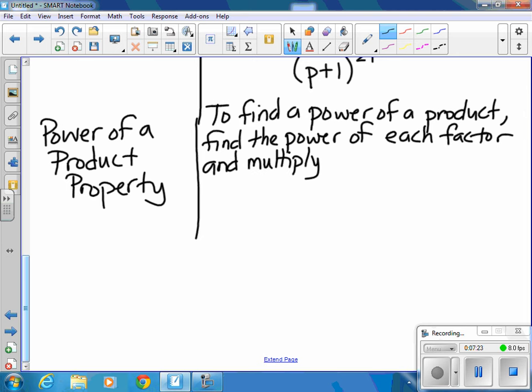And I'm going to put in parentheses that this is like distributing. It is not the distributive property, but you're kind of doing the same thing. You're just distributing an exponent to everybody in the parentheses instead of a big number on the outside.